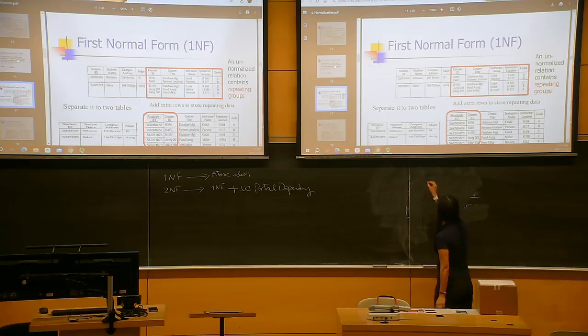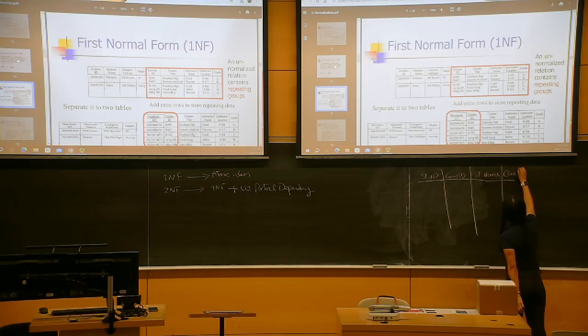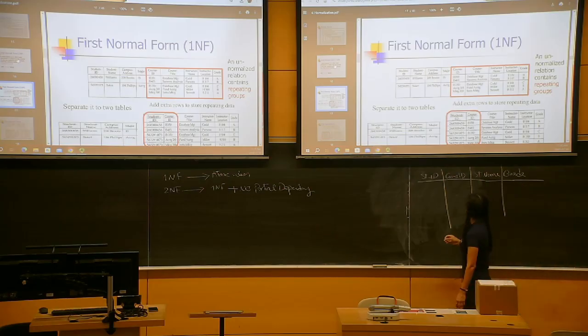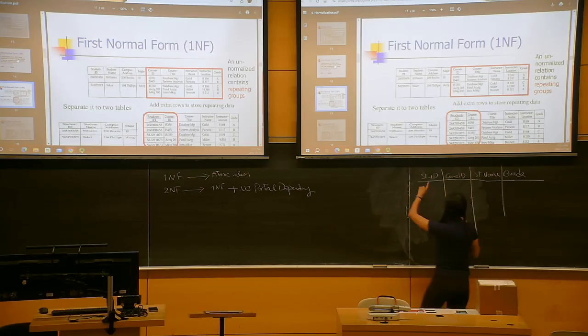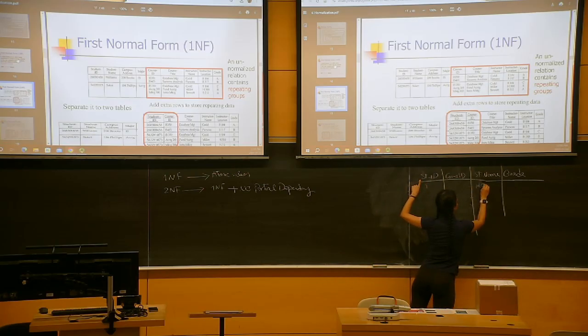let's say you have a student ID. You also have course ID or course code, and then you have a student name and grade. So we want to identify the functional dependencies here. First of all, a student ID could be, I don't know, 1. A student name could be Mona.